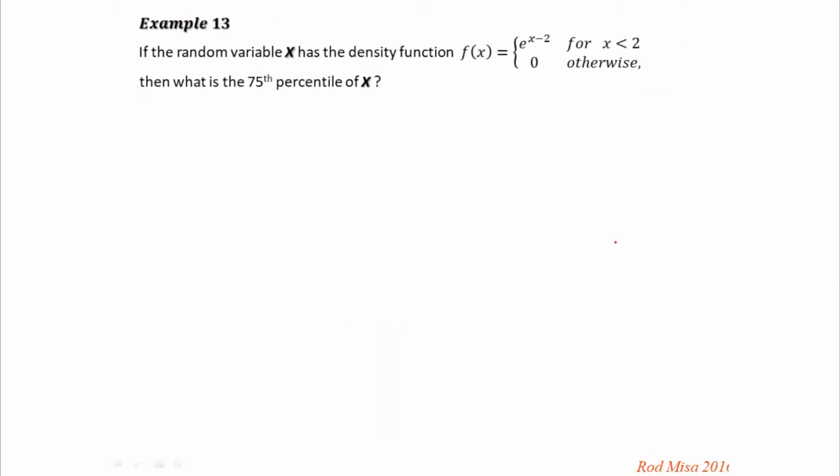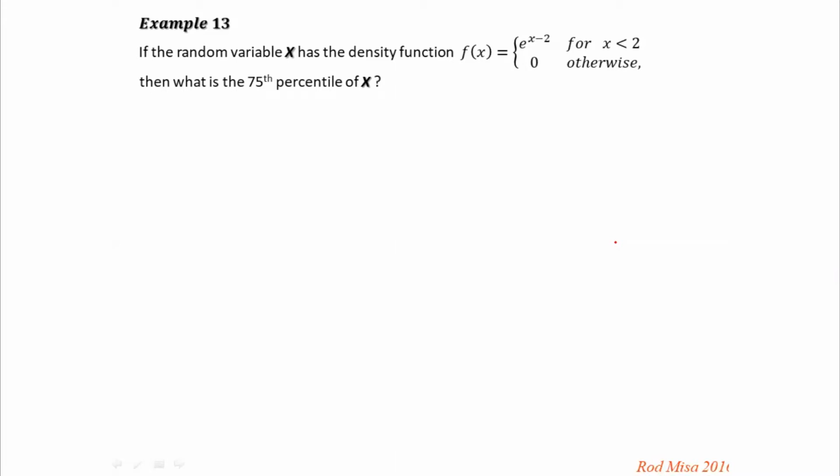If the random variable X has a density function f of x equal to e to the power x minus 2 for all x less than 2 and 0 otherwise, then what is the 75th percentile of X? In other words, what is the third quartile of this random variable X?